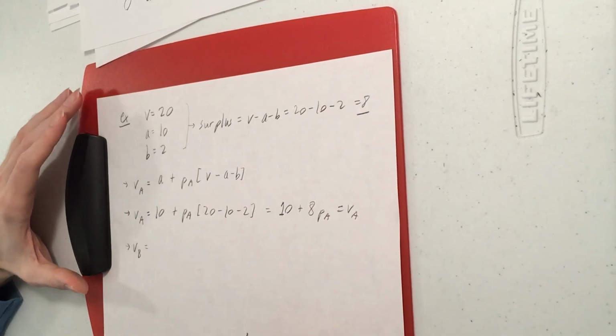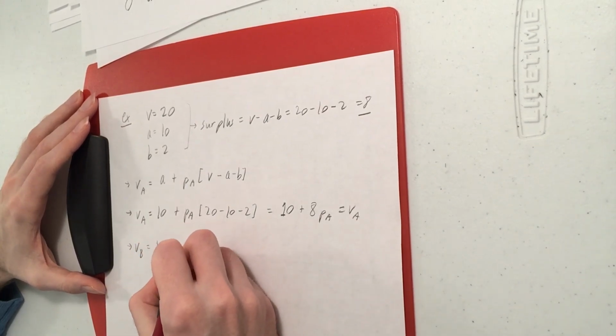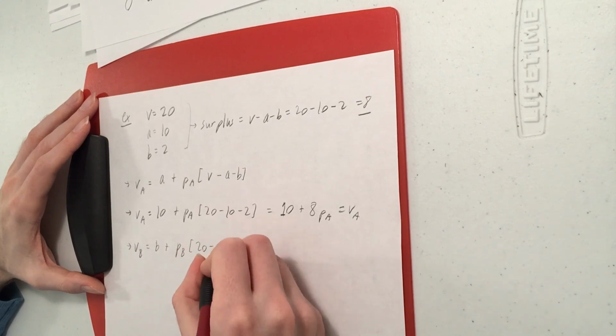So person B is getting their BATNA plus their share of the surplus.